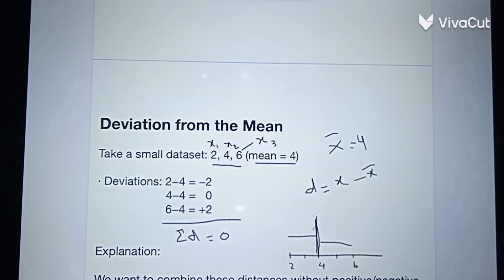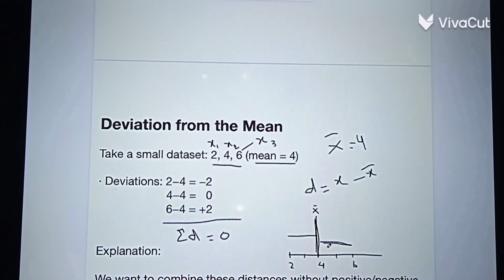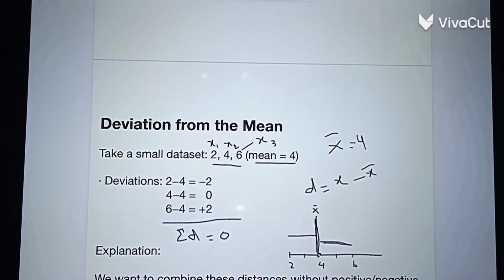This line is x bar, and this difference is the deviation of each value from the mean. So here is a value 2, and its distance from the mean, and another value is 6, and its distance from the mean. So this is the spread.